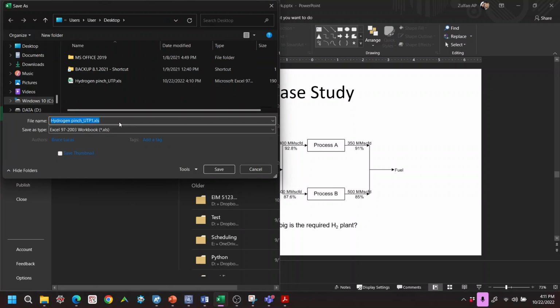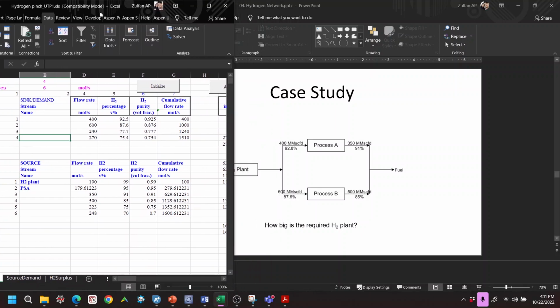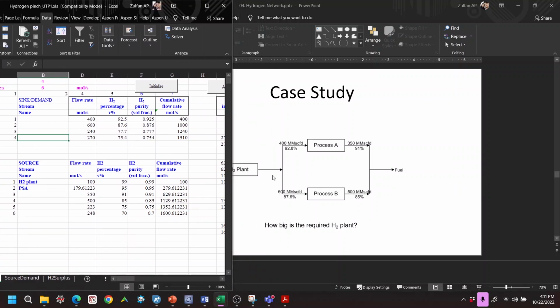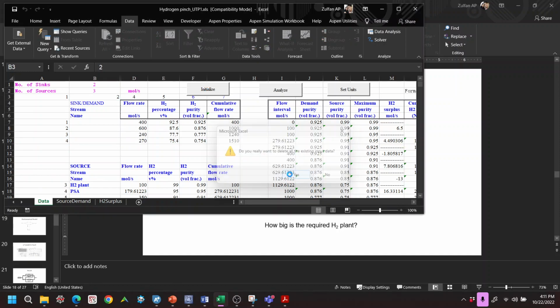Now I have two demands, right? And then plus one source, so three sources. So two demands and three sources. So you initialize.